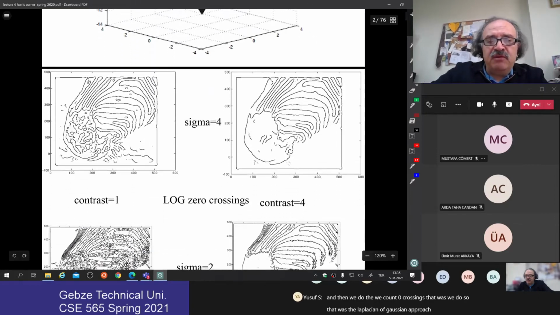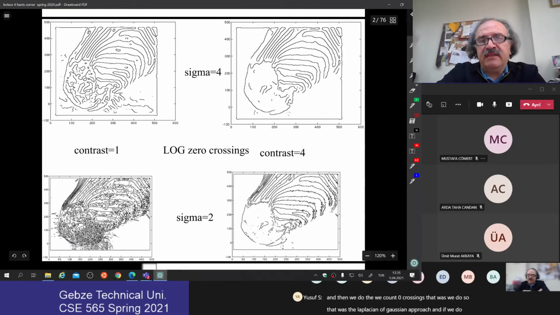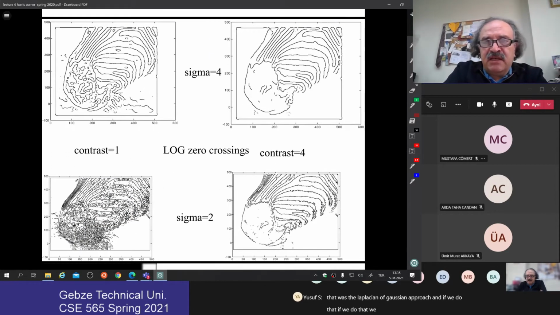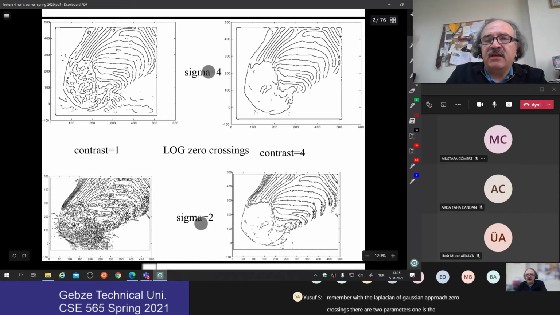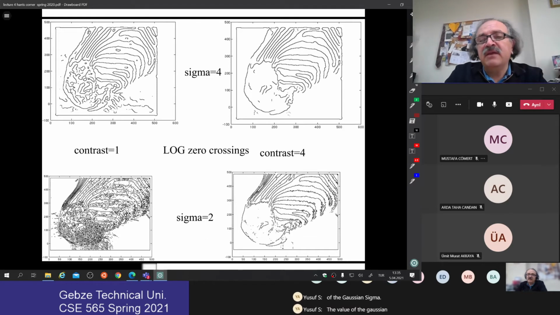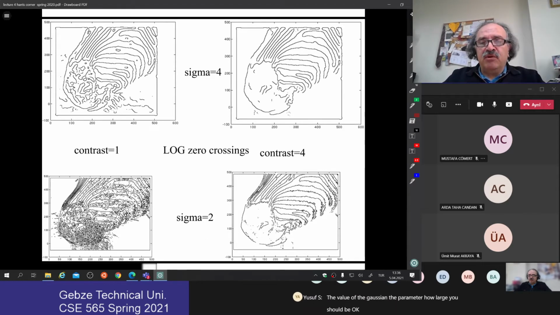And if we do that, we get this kind of a result. Remember, with the Laplacian of Gaussian approach, zero crossings, there are two parameters. One is the application of the Gaussian, the sigma value, the parameter, how large it should be, how strong of a smoothing kernel we are going to apply.